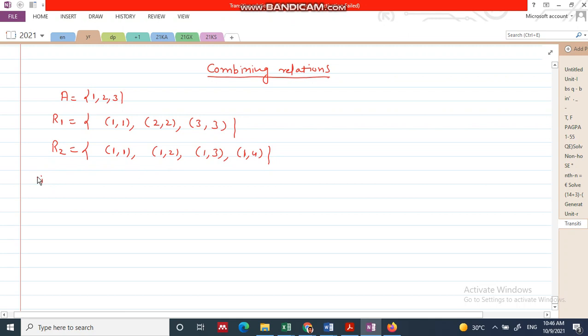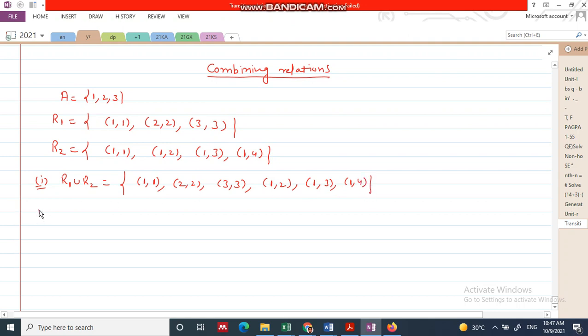So first of all we want to find R1 union R2. So how to find it? Just combine these two sets: (1,1), (2,2), (3,3), (1,2), (1,3), and (1,4).